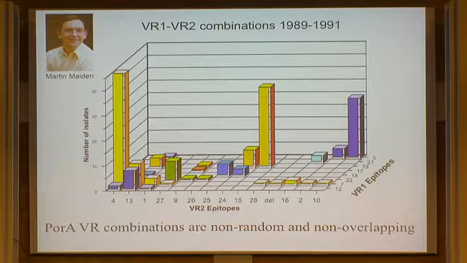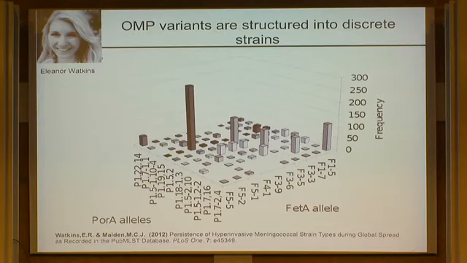So we spent the next 20 years or so gathering data on carriage isolates, longitudinal isolates, looking at other proteins, etc. And now I think we have a large enough collection and have looked at a number of other proteins. For example, here, this is work done by Eleanor Watkins, whose work I'll come back to again in a minute.